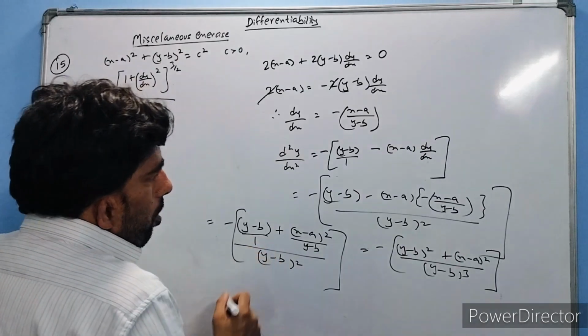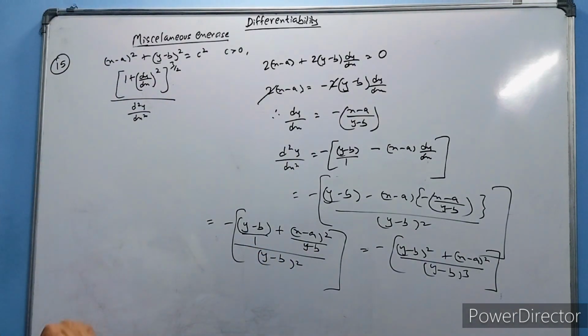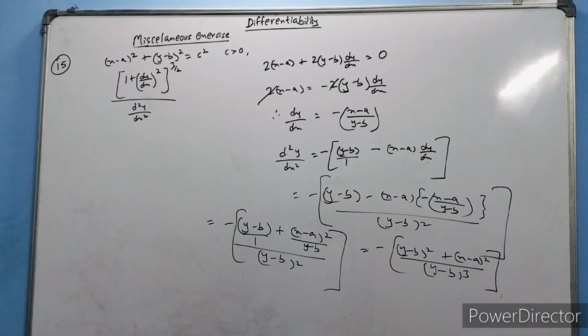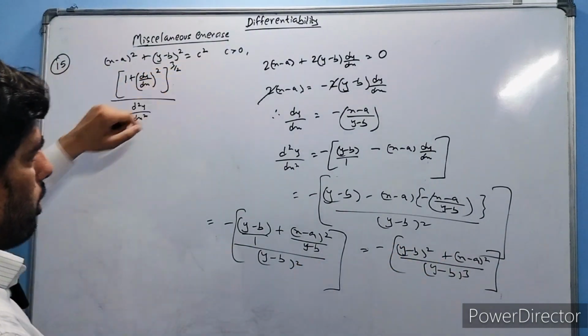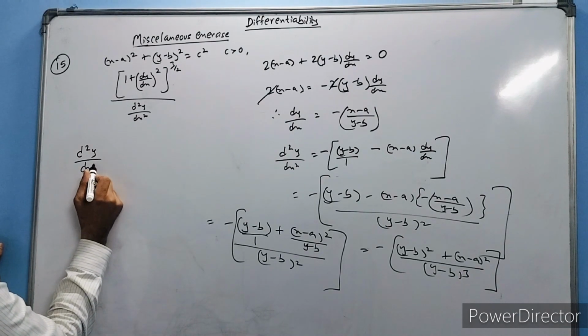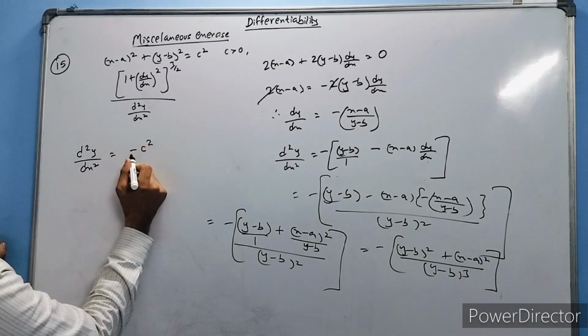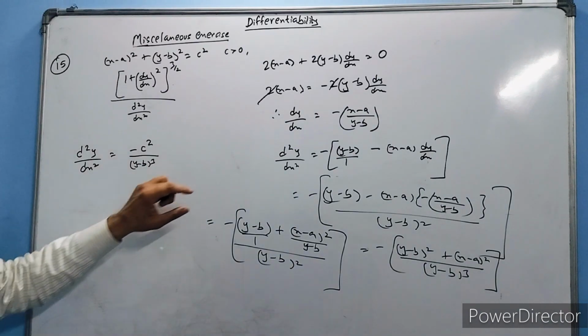Now we'll put the value of dy/dx and d²y/dx² in this expression. We know that this value is equal to c², so d²y/dx² will be −c²/(y − b)³. Now we'll put both these values in this.